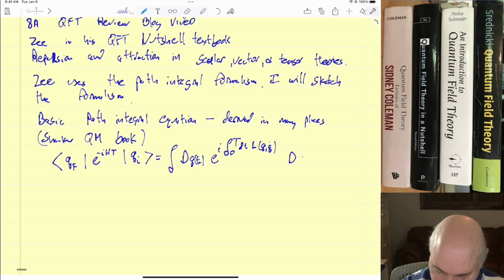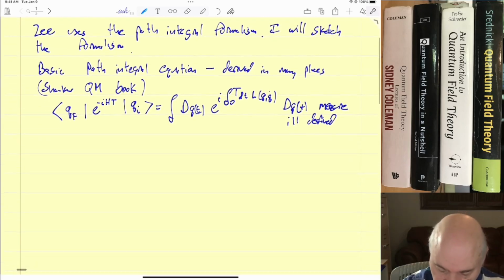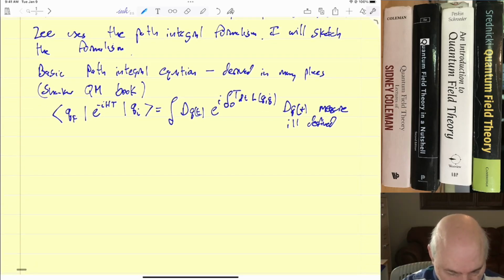Something like dq(t) is a measure, and it's ill-defined unless you go maybe into Euclidean space. But we're not going to worry about all these formal things.